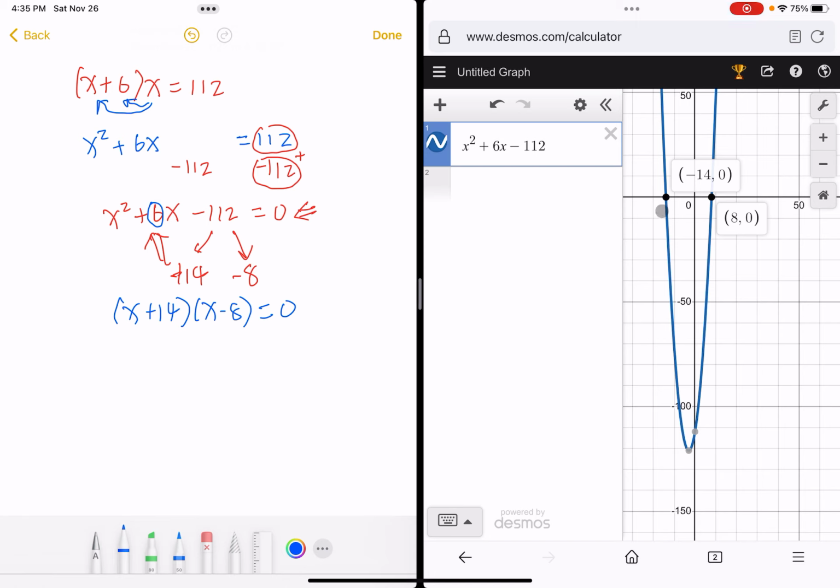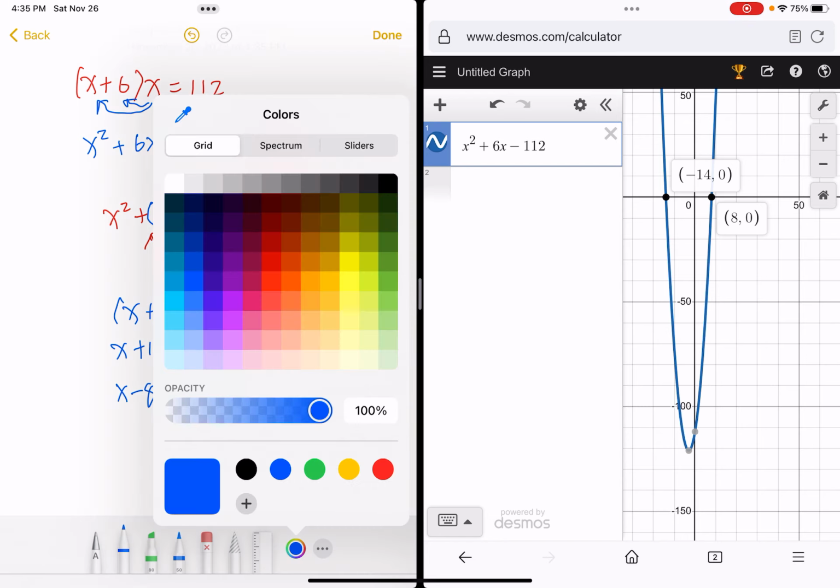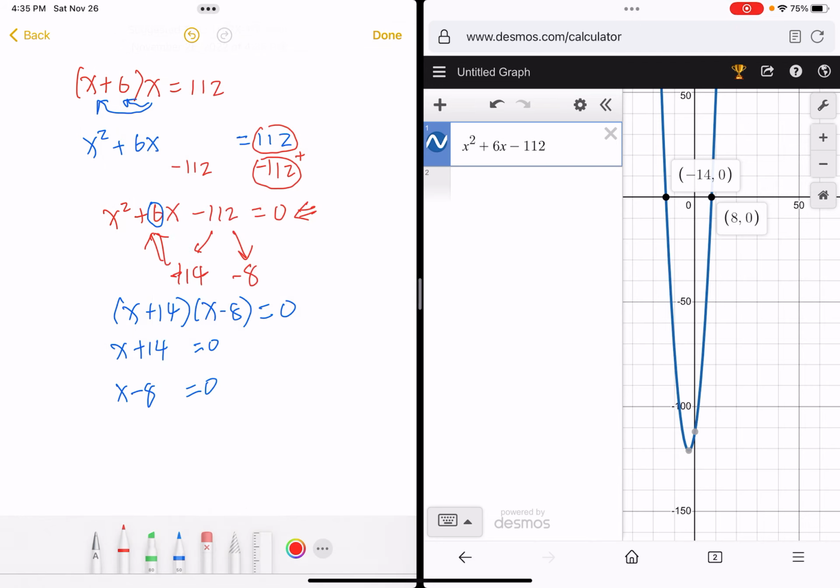What's going on? Because x plus 14 is 0, x minus 8 is 0, then on both sides, here subtract 14, here plus 8. You shall have x equals 8, because those two are canceled.